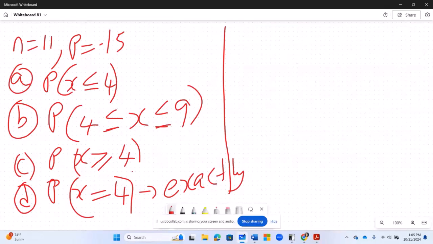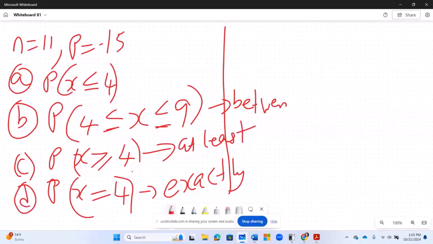Anytime you're told to find the probability of greater than or equal to, this is called an at least question in binomial. This is a between question in binomial.